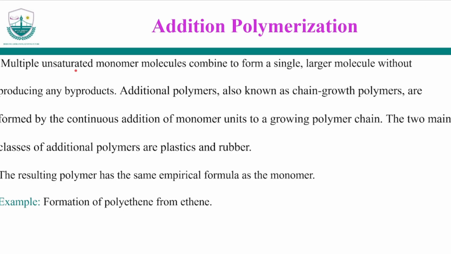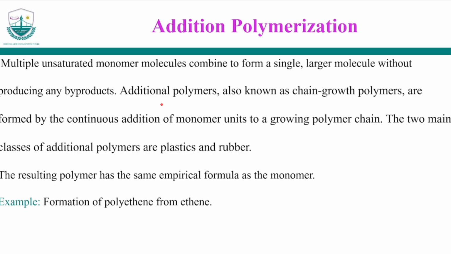Unsaturated, in this case, the meaning of this is that you have double bonds in the monomers, double bonds in the monomer molecules. Okay? So when they combine, they form a large single molecule without producing any other product.